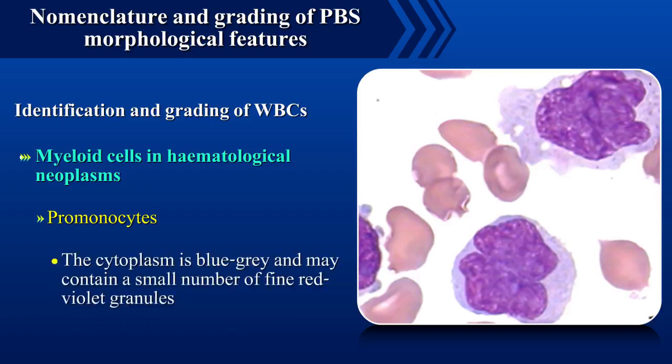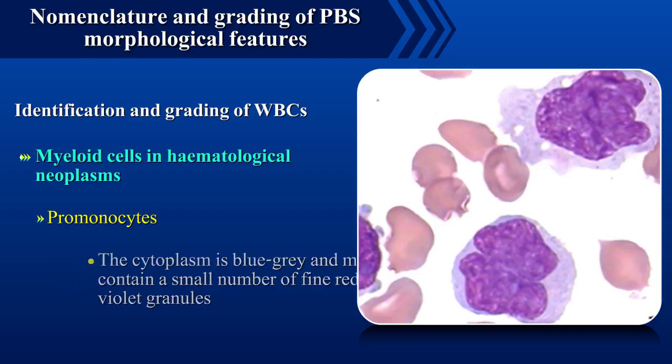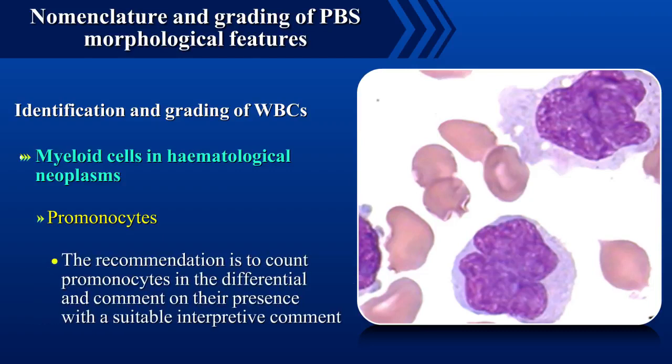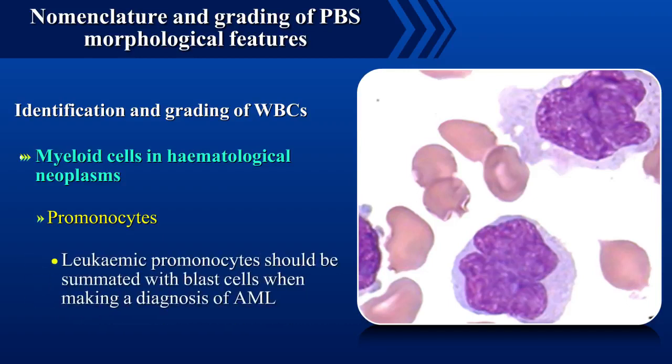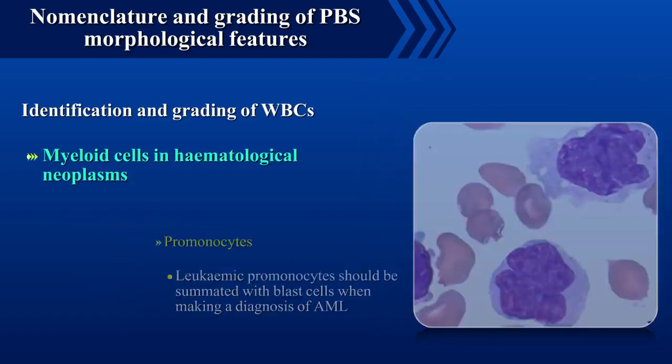The cytoplasm is bluish gray and may contain a small number of fine red to violet granules. The recommendation is to count promonocytes in the differential and comment on their presence with a suitable interpretive comment. Leukemic promonocytes should be summated with blast cells when making a diagnosis of AML.